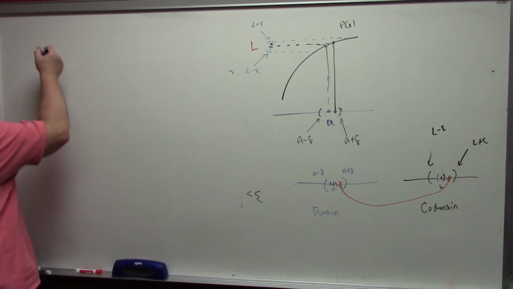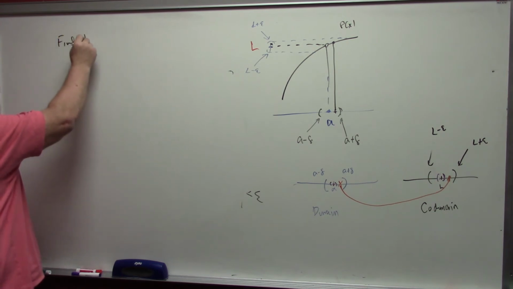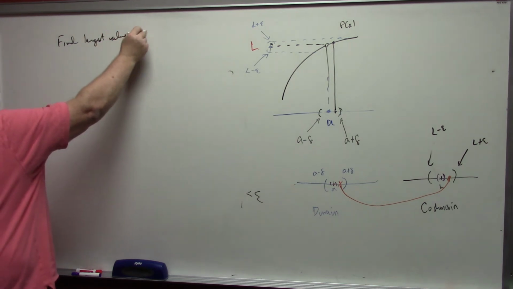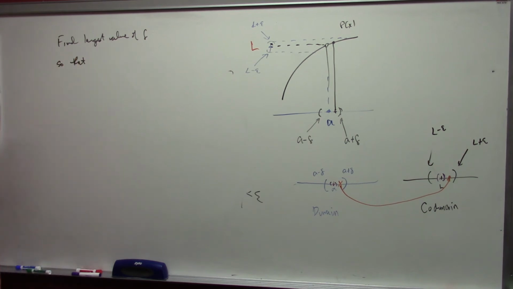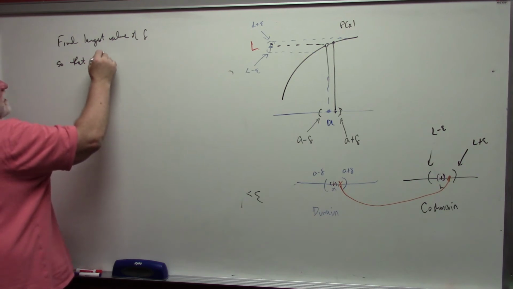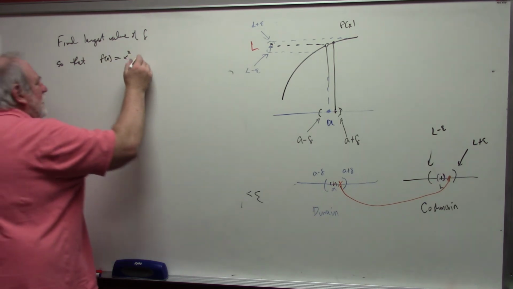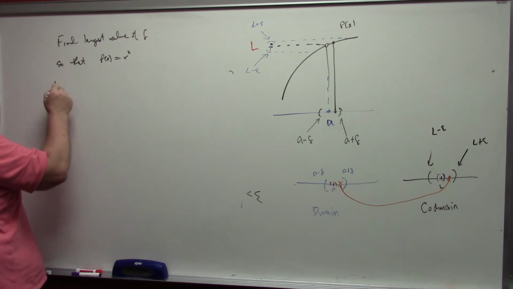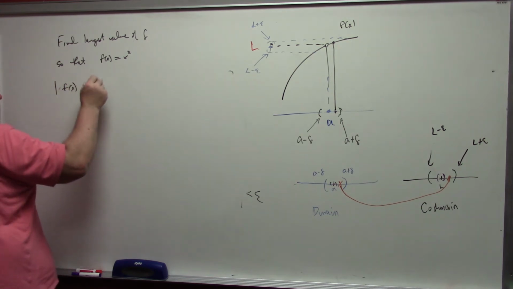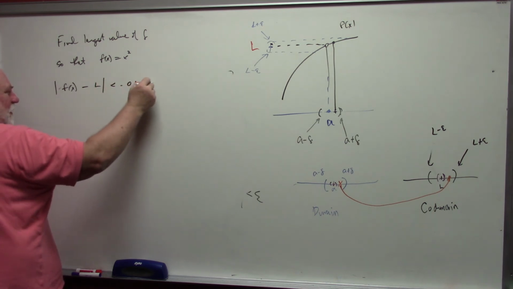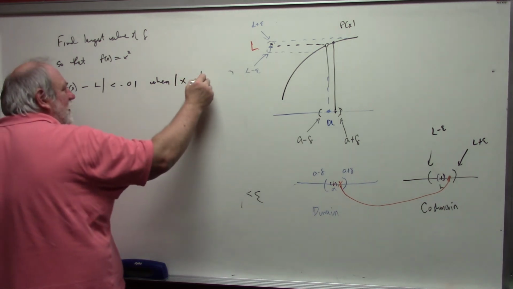Suppose I want to find the largest value of delta so that, with f of x equal to x squared, the absolute value of f of x minus 4 is less than 0.01 when the absolute value of x minus 2 is less than delta.